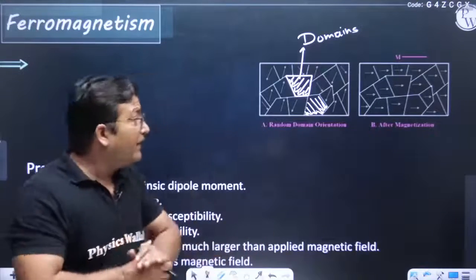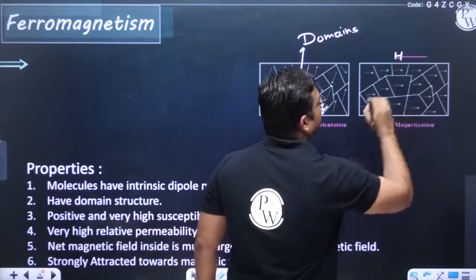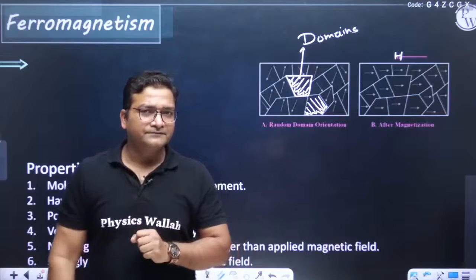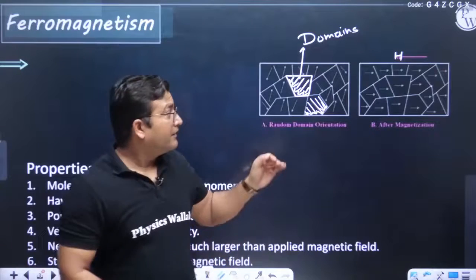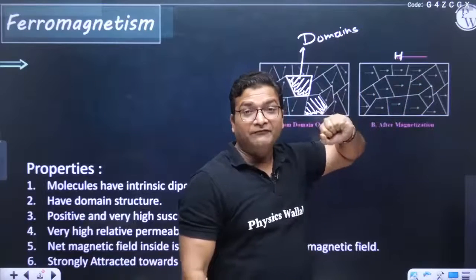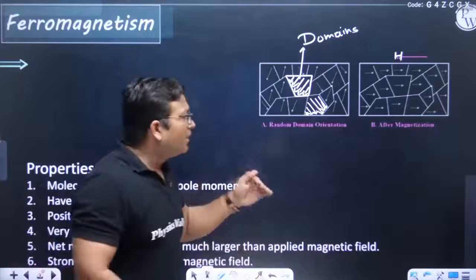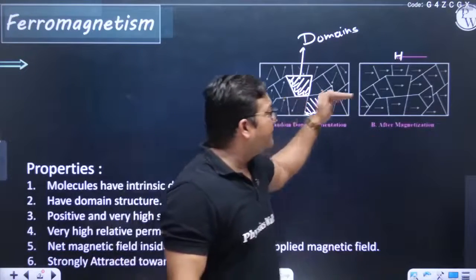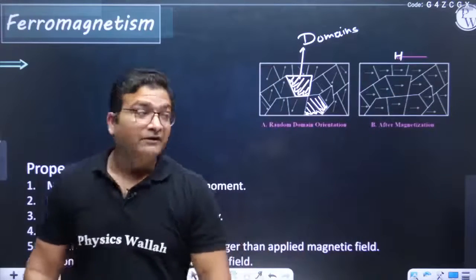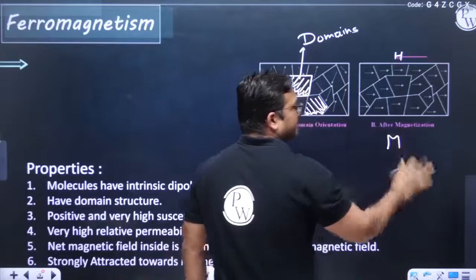But when we apply some magnetic field across the ferromagnetic materials, the domains having their magnetic moment in the direction of applied magnetic field grow their size a lot, or you can say lots of domains align their magnetic moment in the direction of applied magnetic field, and we again have a lot of magnetization occurring here.